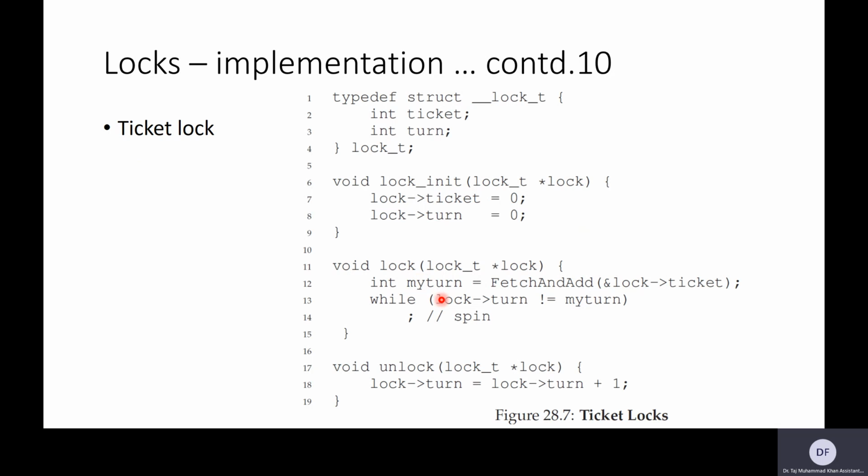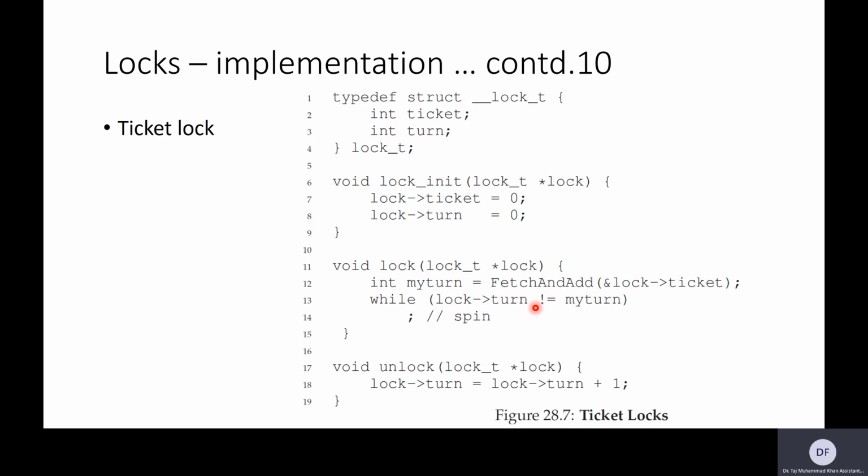Now this value my turn is compared to the value turn in the lock. The lock also has a variable called turn. If my turn is not equal to the turn in lock, it means it's not our turn, so we'll spin and wait until it becomes our turn.